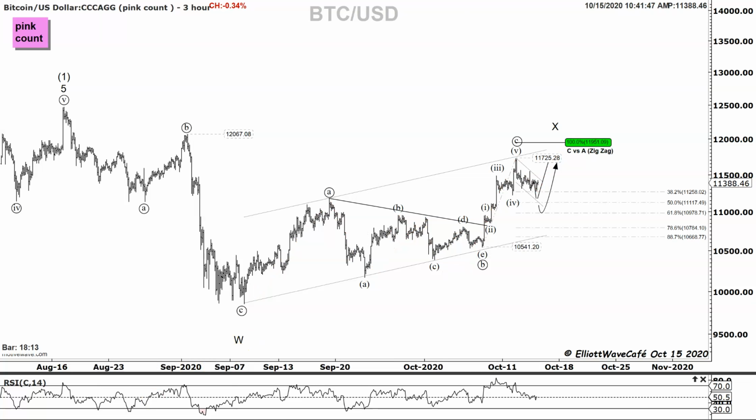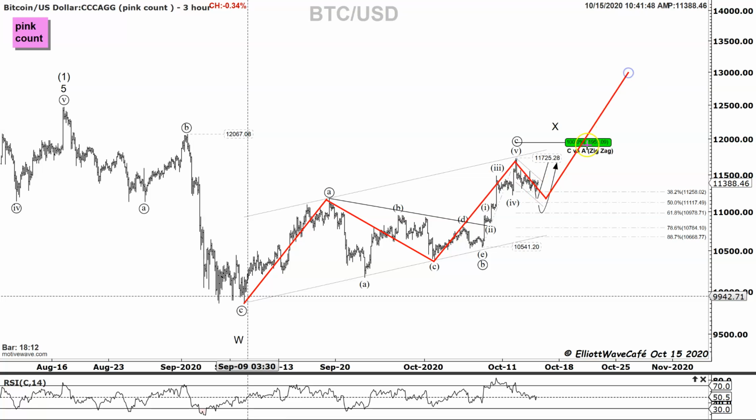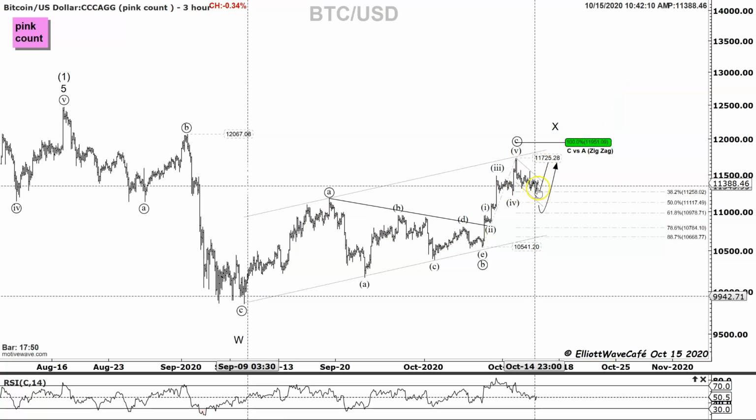You would have it, and just stay with me a little bit here. So 1, 2, right, and now you have another 1, 2 in here, okay, and then you're breaking up higher, and you kind of have to make this a 1, 2, 3, 4, and 5. But then you run into issues in this third wave. So the bottom line is that this move is correct. Okay, we'll see what happens to it.